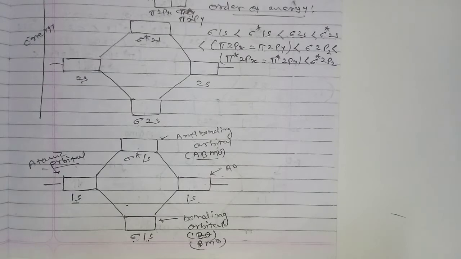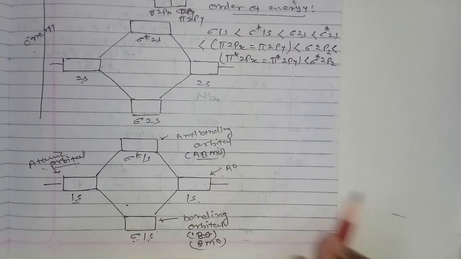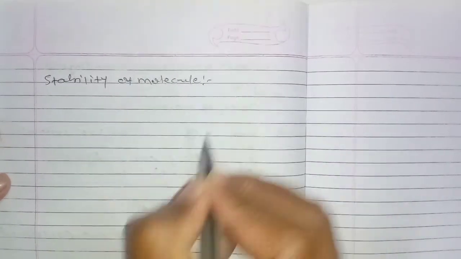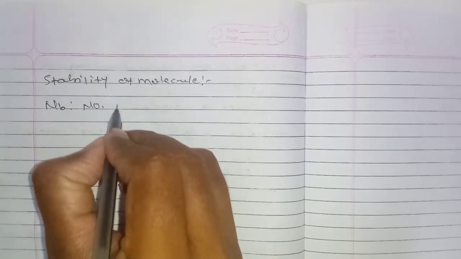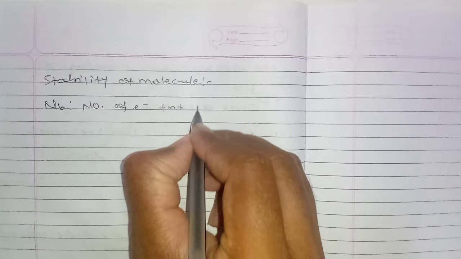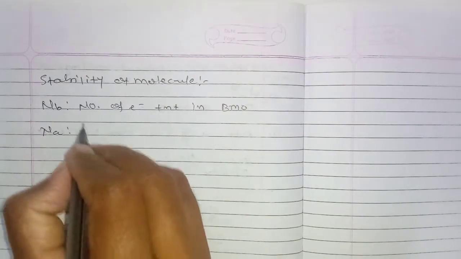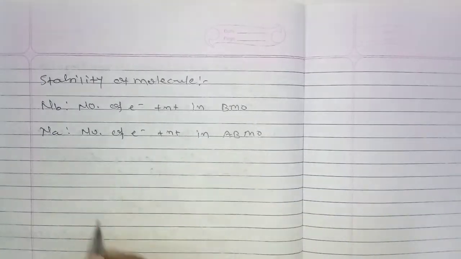The stability of the molecule depends upon Nb, the number of electrons present in the bonding molecular orbitals, and Na, the number of electrons present in the antibonding molecular orbitals.